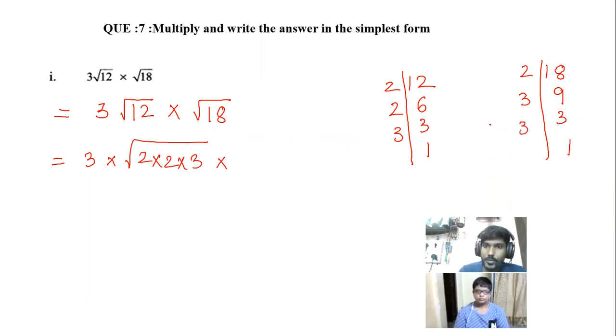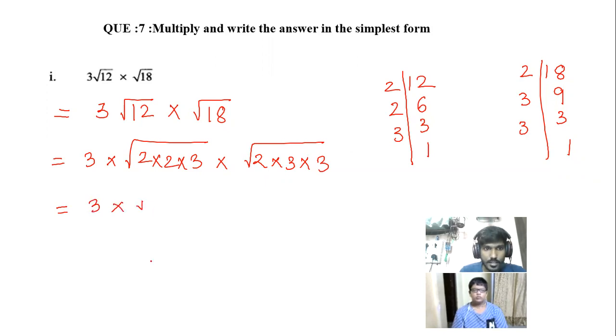Now, can you tell me the simplest form of root 18? 3 root 2. So here I'll write 3 into 2 root 3 into 3 root 2.